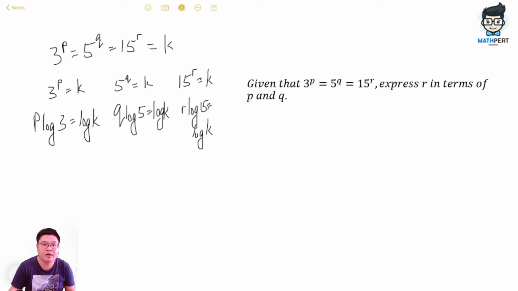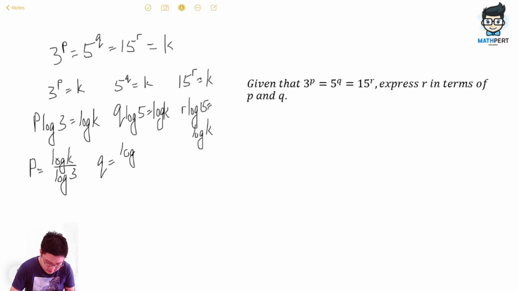Alright, then we rearrange it. We make p, q, r the subject. Then we will get p equals to log k over log 3. Then this will become q equals to log k over log 5. And finally, r will be equal to log k over log 15.